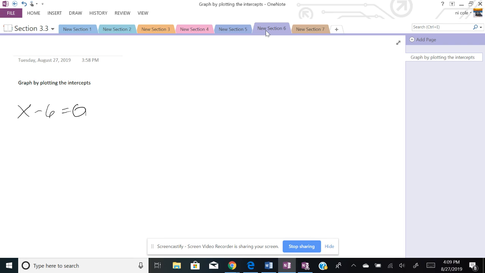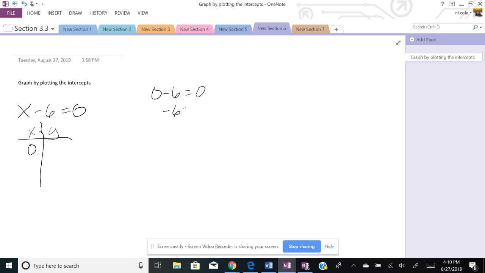Again, you could get this. Once again, you start off with this, and you pick x and y's, and I plug in 0 for x, and put in 0 minus 6 equals 0.